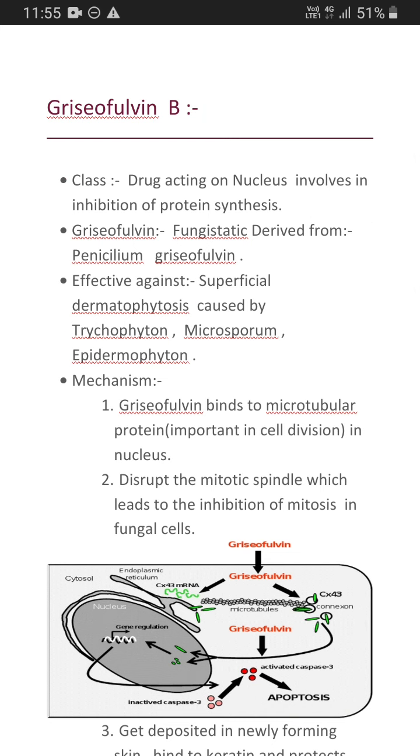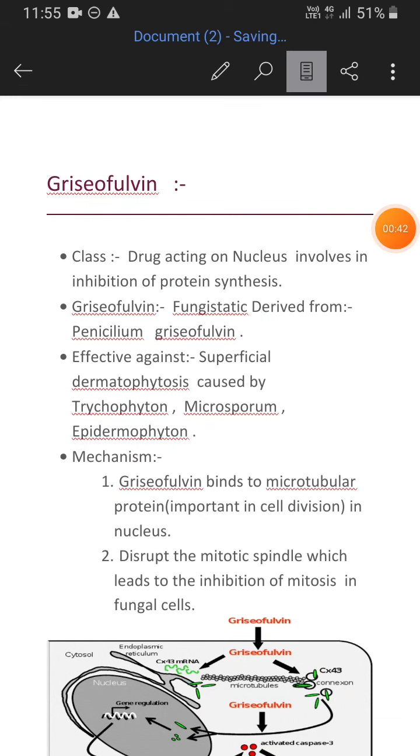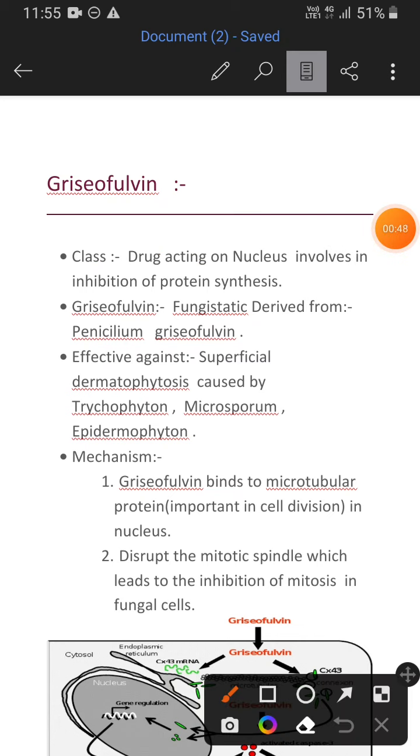So we can conclude that Griseofulvin is a fungistatic drug. Why? Because remember, it is just inhibiting the cell division, so it is just stopping the growth of the cell. It does not destroy the cell that has already grown, so that is why we say it is fungistatic.